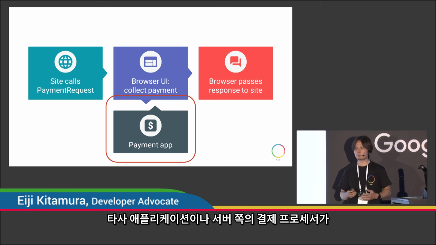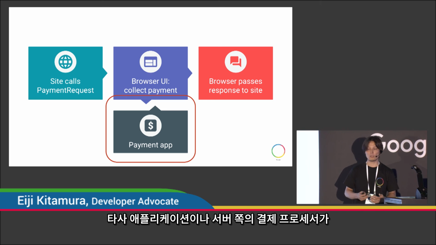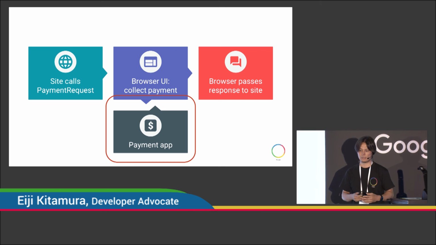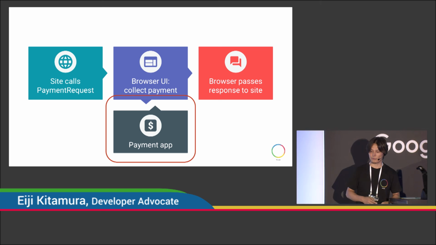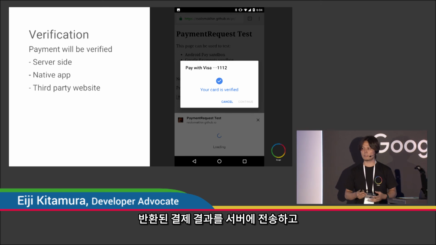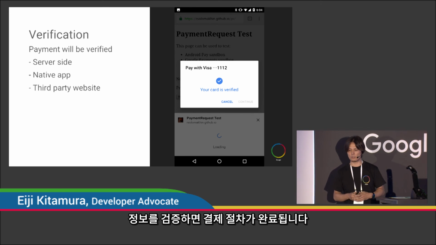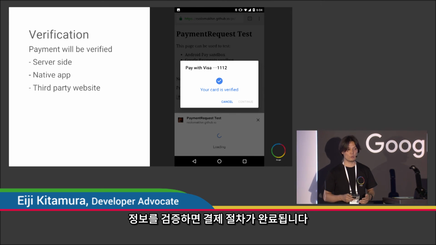Then the payment processor, which is a third-party web application or server side, can process the payment and return the response. And finally, using the payment result, you can verify that information on the server side, and the payment process will be done.